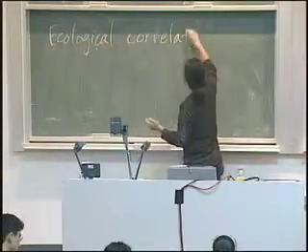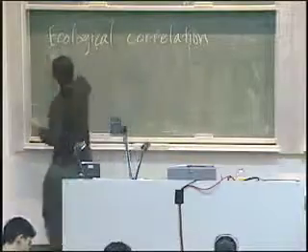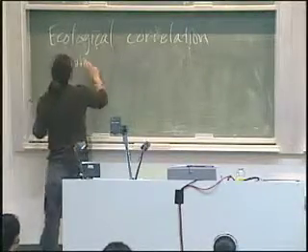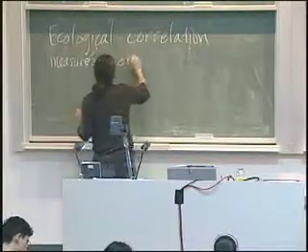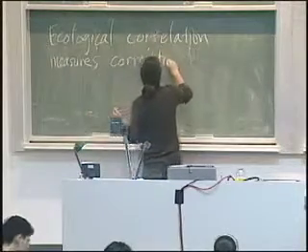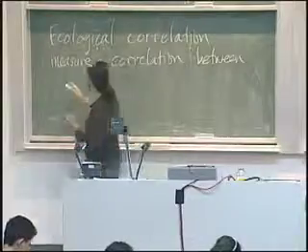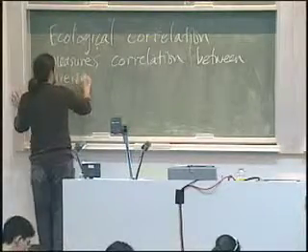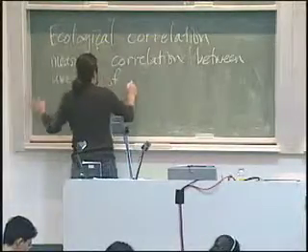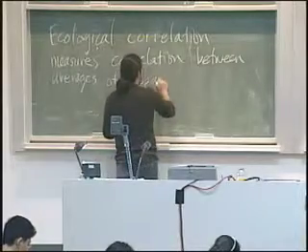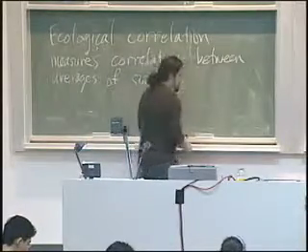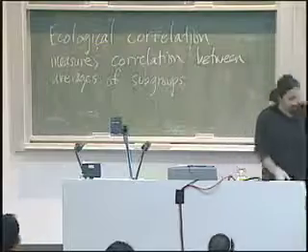It's a specific thing. It measures correlation between averages of groups, or maybe I should say subgroups. All right. So I'll give you an example of this.